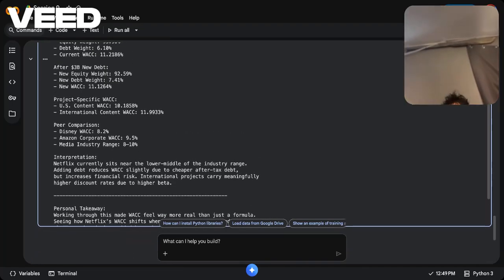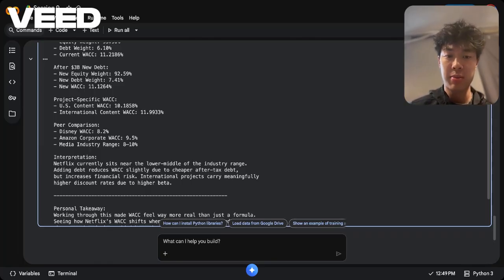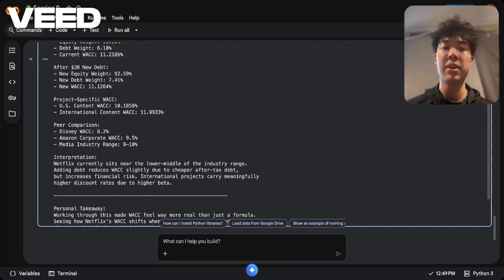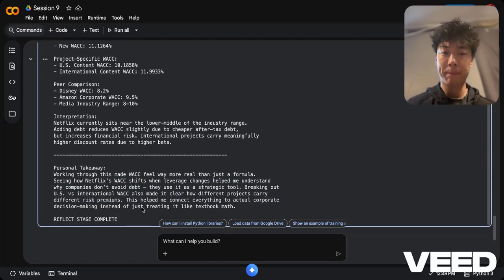Disney sits at about 8.2%. Amazon uses a corporate WACC of 9.5%, and the general media industry is usually around 8 to 10%. So Netflix is operating with a higher hurdle rate because investors view it as riskier and more volatile. To end this reflection, I included a short personal takeaway down here.